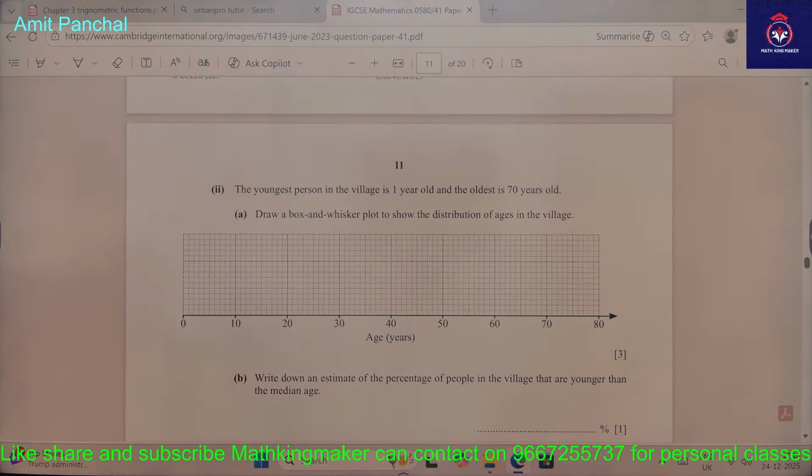The box in the plot spans from the first quartile Q1 to the third quartile. This box contains the middle 50% of the data and represents the interquartile range. The width of the box provides insights into the data's spread. The whiskers extend from the minimum value to quartile 1 and from quartile 3 to the maximum value. They signify the range of data excluding potential outliers.